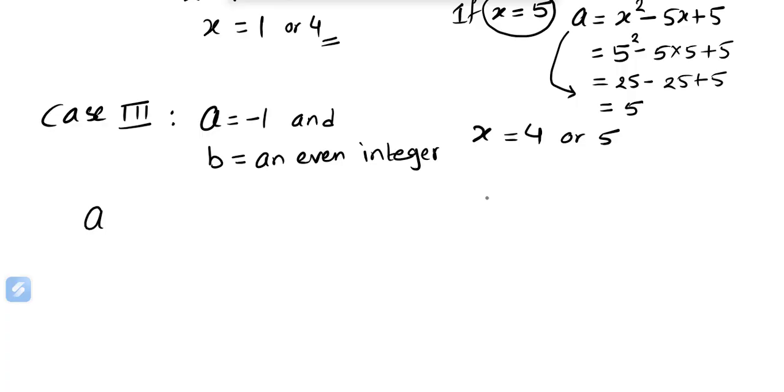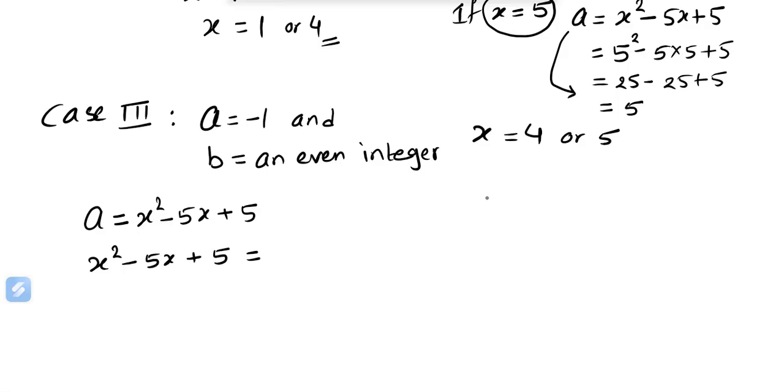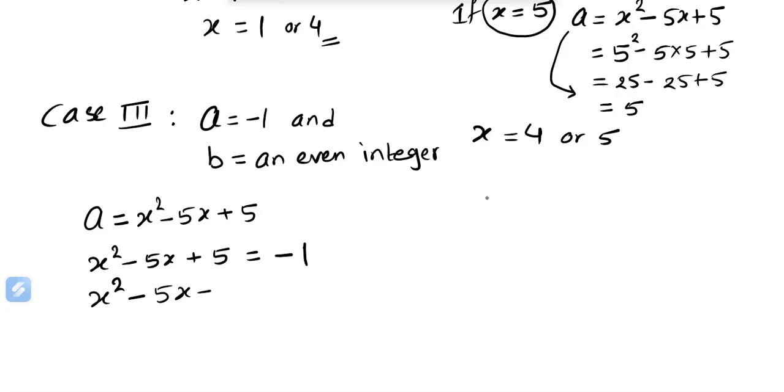That means we have now a is equal to x squared minus 5x plus 5, and let's say the value of a is -1. So that simply means we can add 1 to both sides, and this becomes x squared minus 5x plus 6 equals 0.